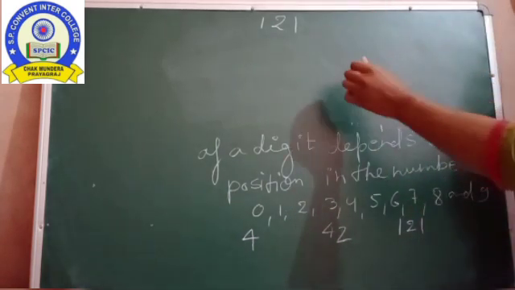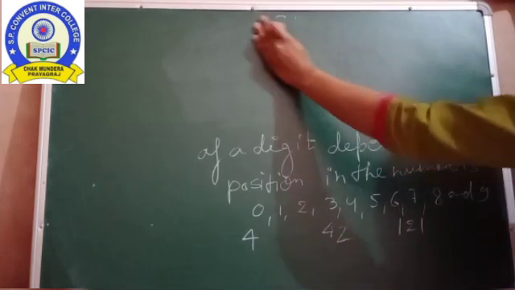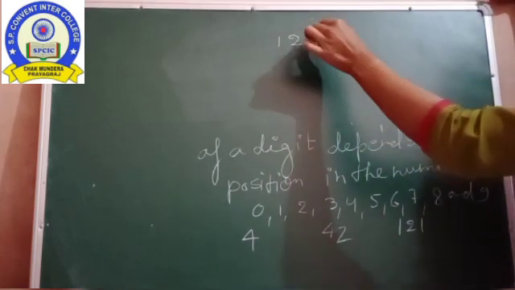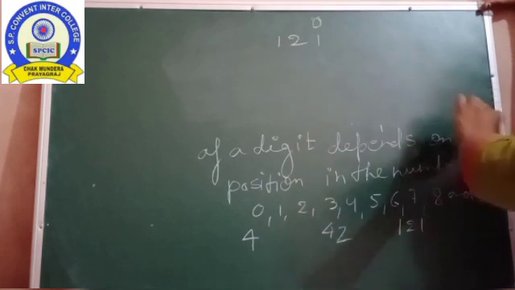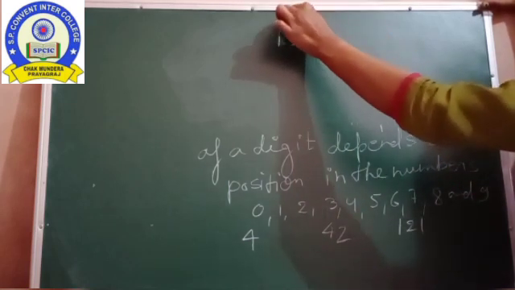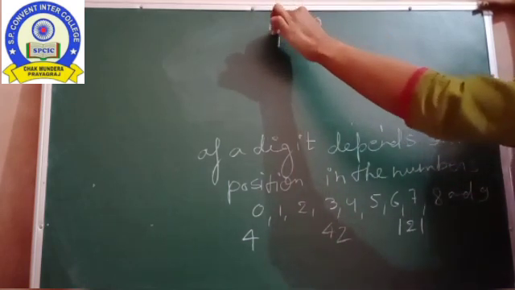In this number, 1 is ones place, 2 is tens place, 1 is hundreds place.